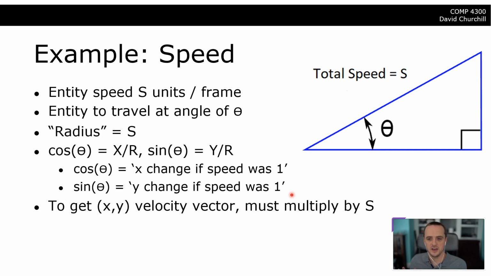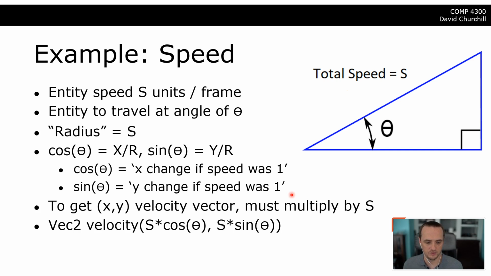If we're given an angle and a speed, we want to get the xy velocity vector that we're going to add to the position of an entity. So our vec2 velocity is going to be equal to s times cos theta and s times sine theta.